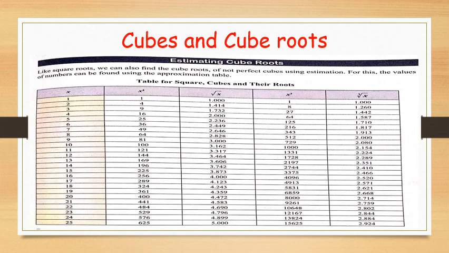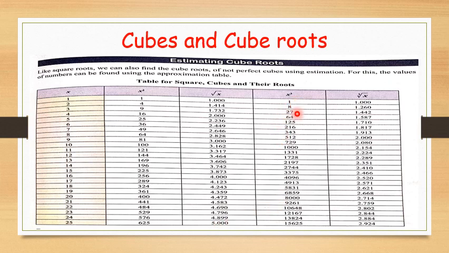Now here the list of some cubes, cube roots and square roots is given to you. For example, here the list of x, 1 2 3 4 5 up to 25, and here the square is given, that is the square of the first 25 natural numbers, and then the square root of the first 25 natural numbers is given to you, so you have to remember it.